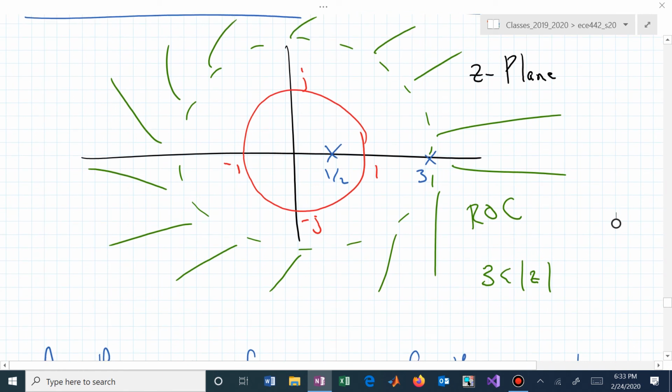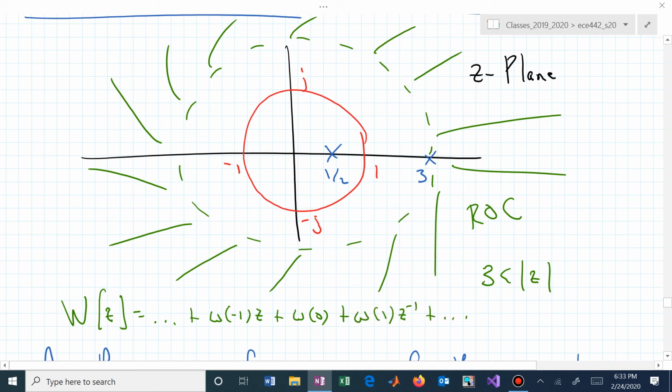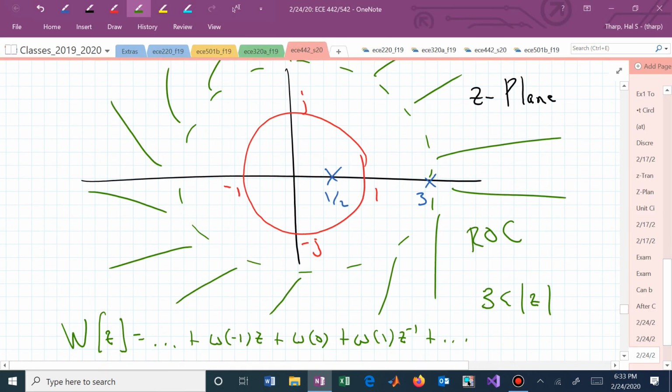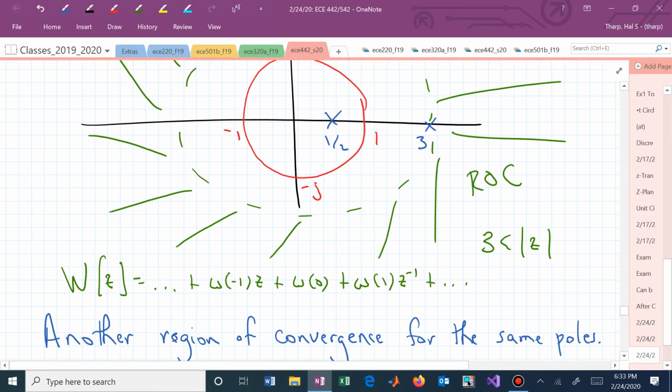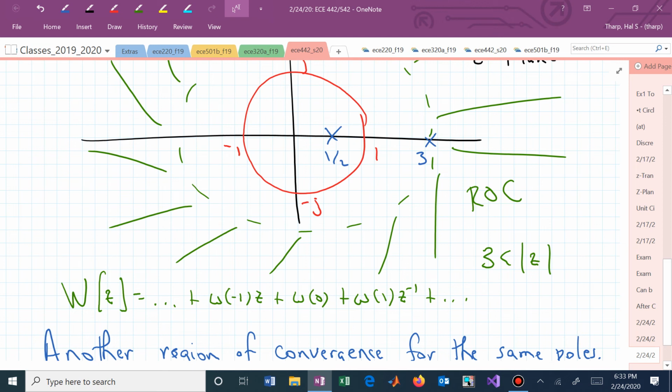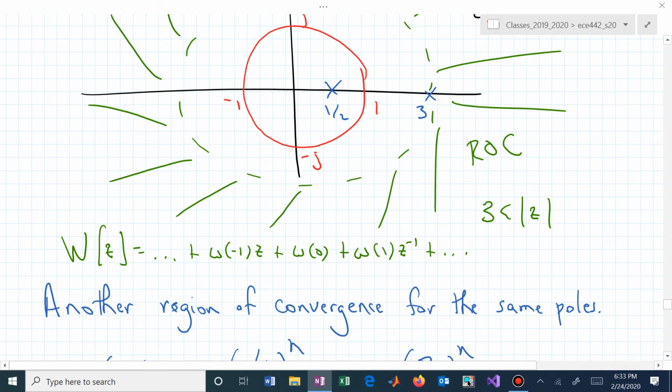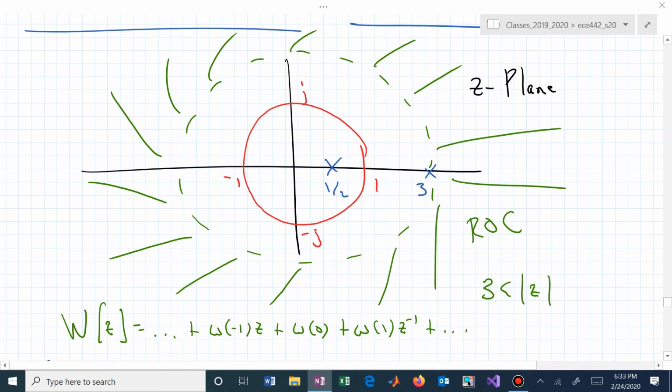W. So now I know my W of z. Question? So from this picture, if you have the z-plane, you cannot tell directly if it's causal or non-causal. You have to have the n.